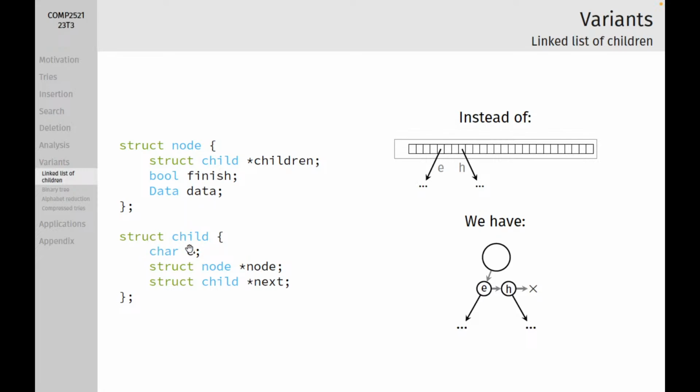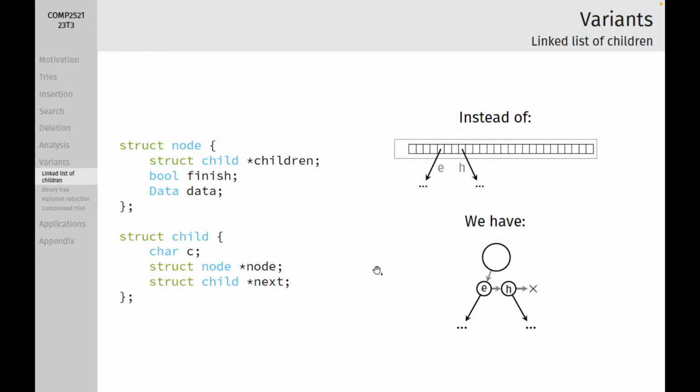Each of these linked list nodes contains a character. When we were looking at the array representation, the characters were implicitly defined by the index of the array. Index 0 referred to character A, index 1 referred to character B, and so on. But since we have a linked list now, we need to store what character the node actually corresponds to.